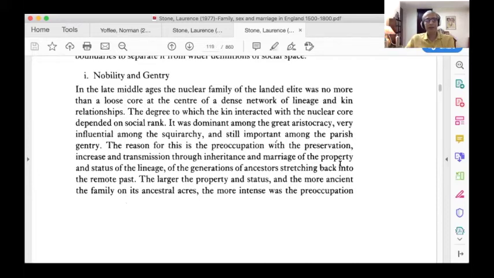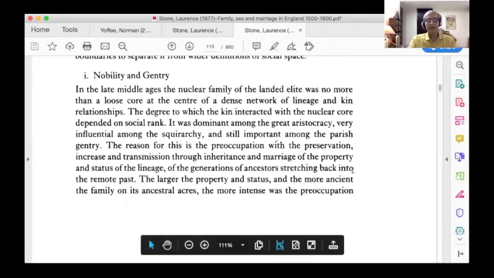On the one hand, the lords, the great aristocracy, and the vassals, the squires, also important, and the parish or church leaders, and the estate owners at the local village level, having a similar type of relationship to the lineage and kin.